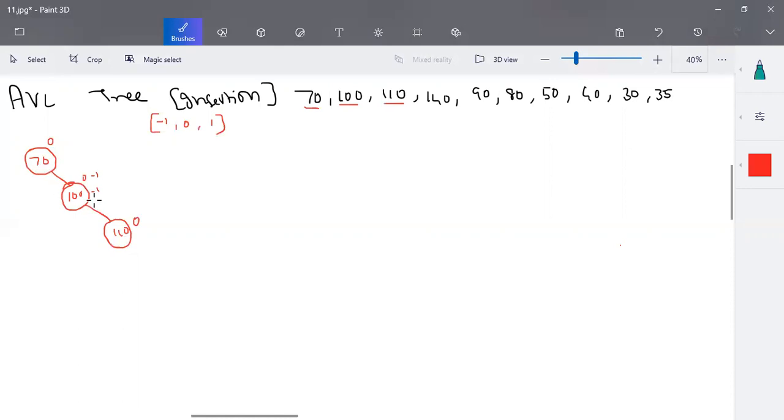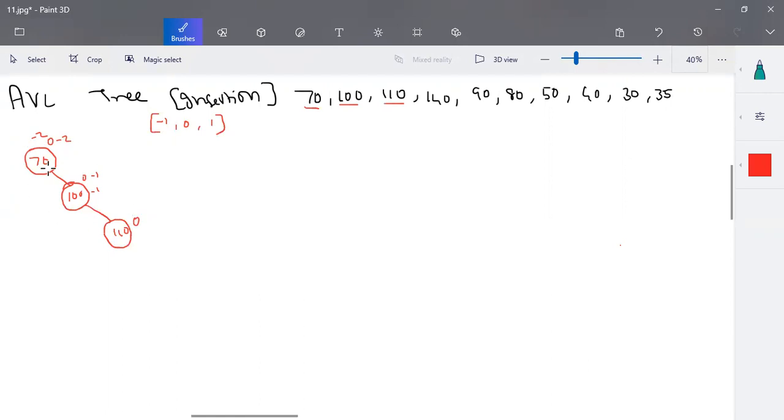The height of the right subtree is the longest branch that reaches a leaf node, counting the edges, so the height is 1 plus 1, which is 2. The balance factor is the height of the left subtree minus the height of the right subtree, so 0 minus 2 is -2. As per the rule, the balance factor should be -1, 0 or 1, but the balance factor for 70 is -2.